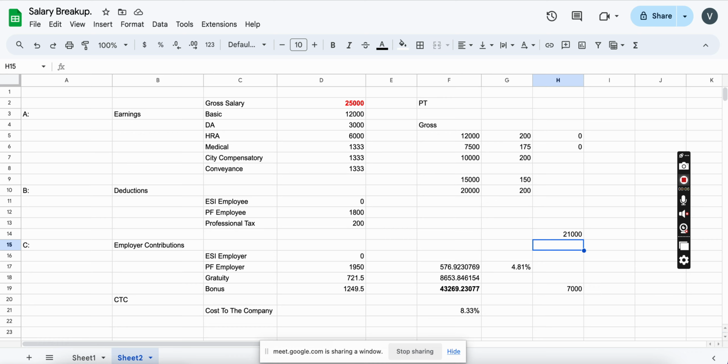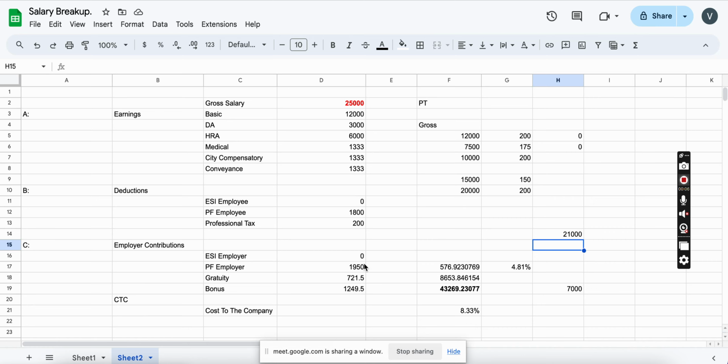If it is less than 7,000, then they should get a minimum of 7,000. It's compulsory. If an employee's basic and DA salary is more than 21,000, then the employer may choose not to give them bonus, and they can give them incentives, variable pay, or various other options like ESOP and all that.